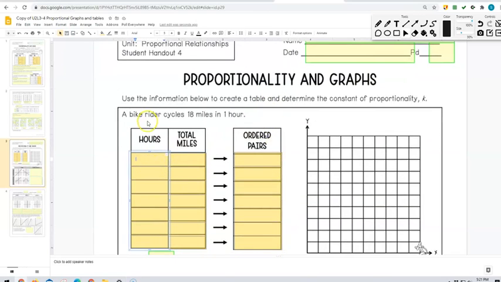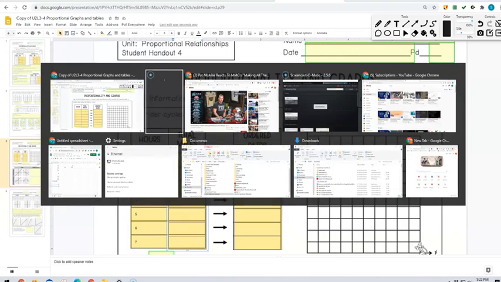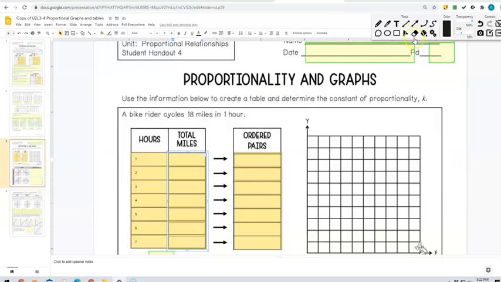So if we have a bike rider who rides 18 miles in 1 hour, so 1 hour, 2 hours, 3 hours, 4 hours, 5 hours, 6 hours, 7 hours, we can get a sense of the distances that he will travel. In 1 hour, he will obviously go 18 miles.